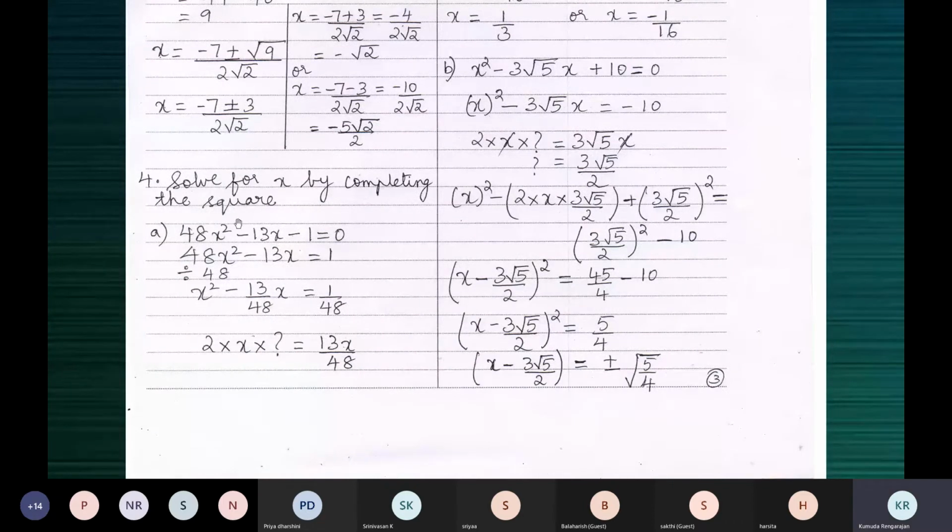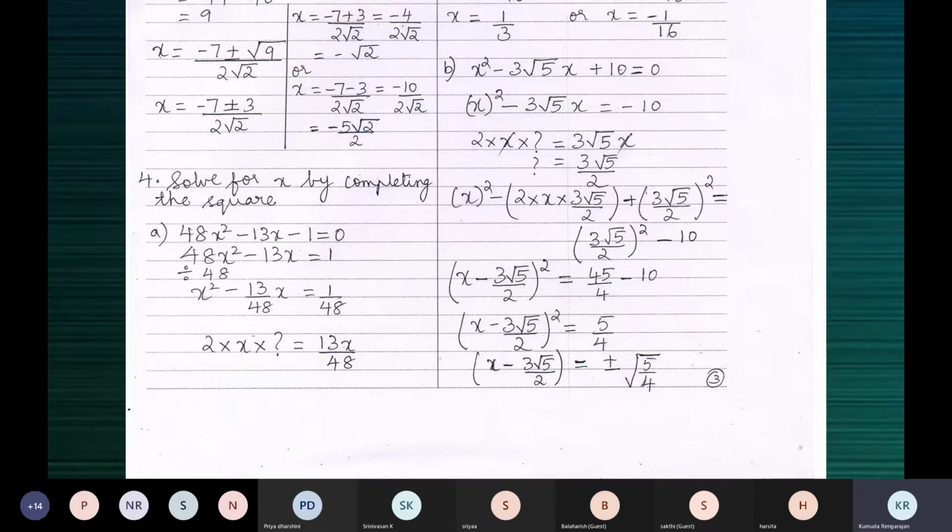Solve for x by completing the square. The first heading we saw was solve for x by splitting the middle term. The second heading, solve for x. You have the freedom to choose any method. So you could factorize or solve for x by splitting the middle term or a different method.